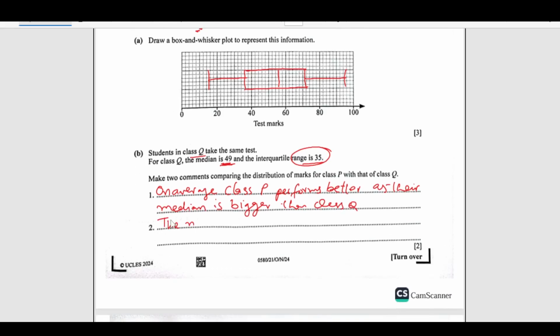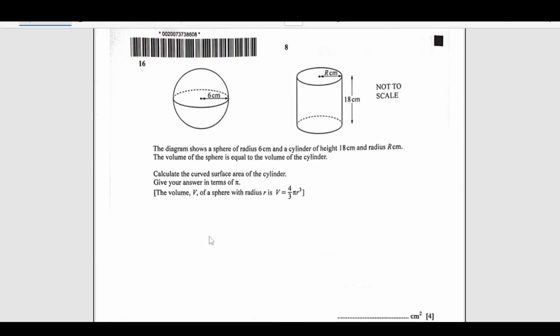The marks in class Q vary more as the interquartile range is bigger than that of Q, right? Now number 16, we have two diagrams.